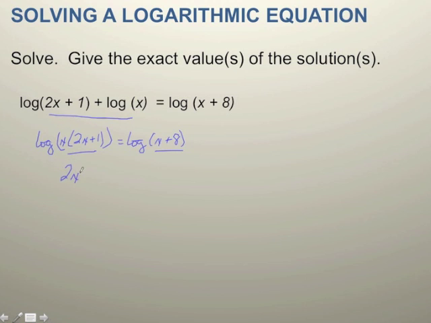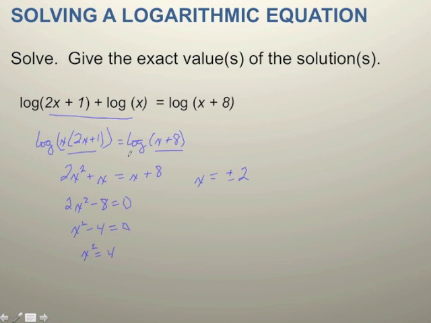I'll have 2x squared plus x equals x plus 8, or 2x squared minus 8 equals 0. Factoring out a 2, I'll get x squared minus 4 equals 0. So x squared equals 4, and x equals plus or minus 2. Checking the answers.